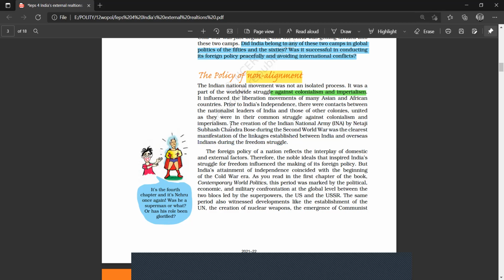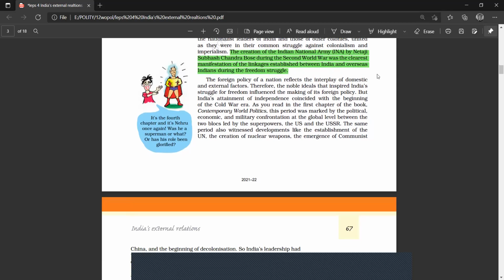So, the first connection with the outside world was through the Indian National Army, created by Netaji Subhash Chandra Bose during the Second World War, the clearest manifestation of linkages established between India and the overseas Indians. Overseas Indians, OCI. We get the mentions of OCIs here.